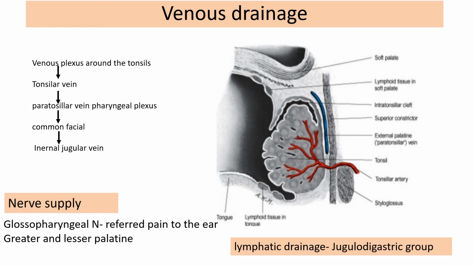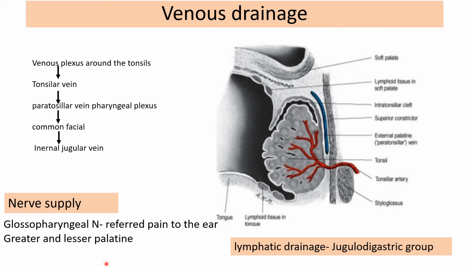The position of the paratonsillar vein is also important because it is lying in the paratonsillar space, and while doing tonsillectomy, when the dissection is done in this space, it is a very common cause of bleeding after tonsillectomy. We can easily damage this vein, or especially after tonsillectomy, while removing the clot, this vein may get damaged. So that is the cause of venous bleeding after tonsillectomy.